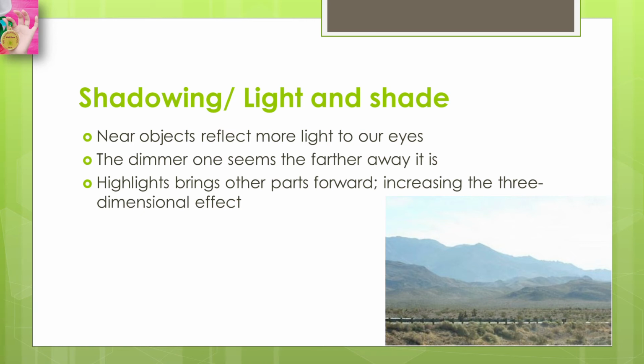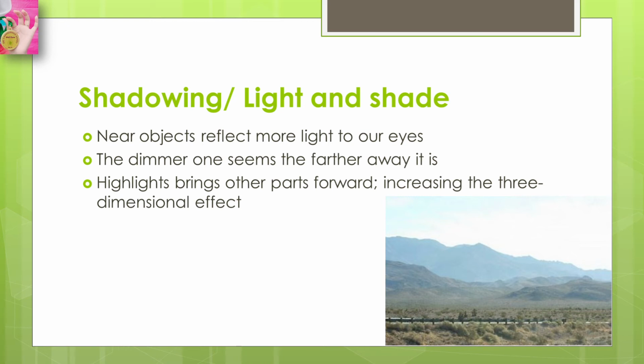According to shadowing, nearby objects reflect more light to our eyes. Thus, given two identical objects, the dimmer one seems the farther away, and shadows have the effect of pushing darker parts of an image back, and shading too produces a sense of depth consistent with the assumed light source, because our brain follows a simple rule.